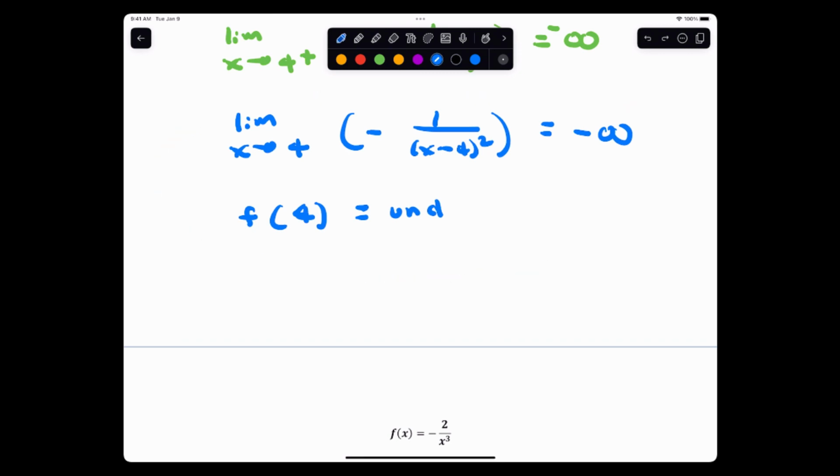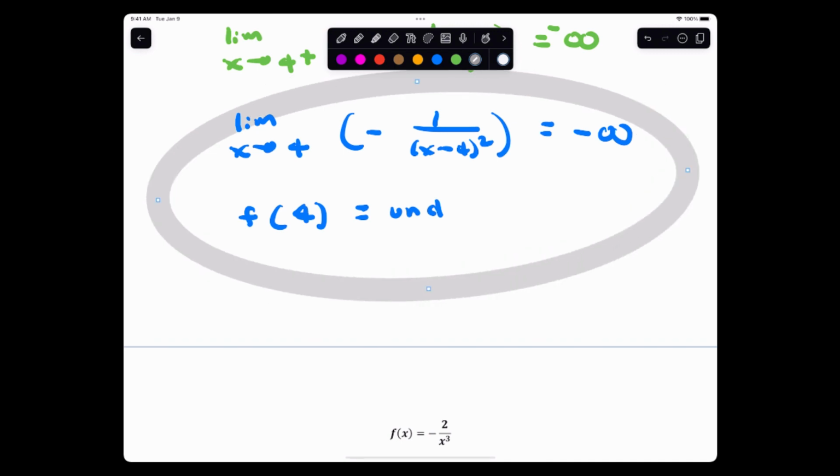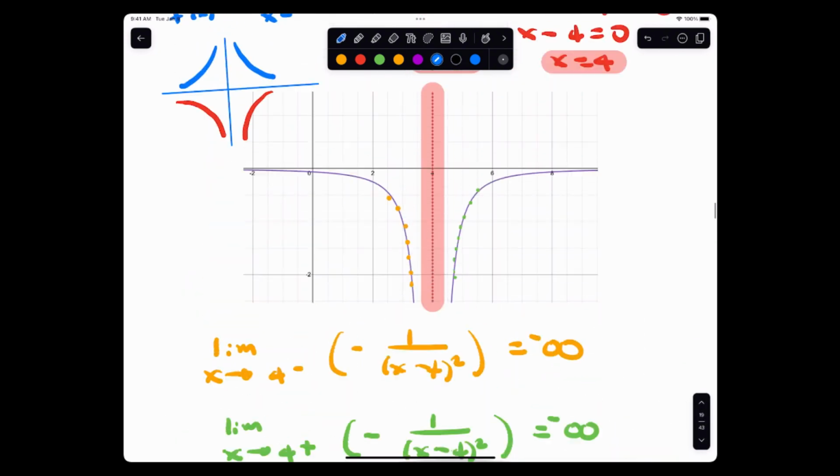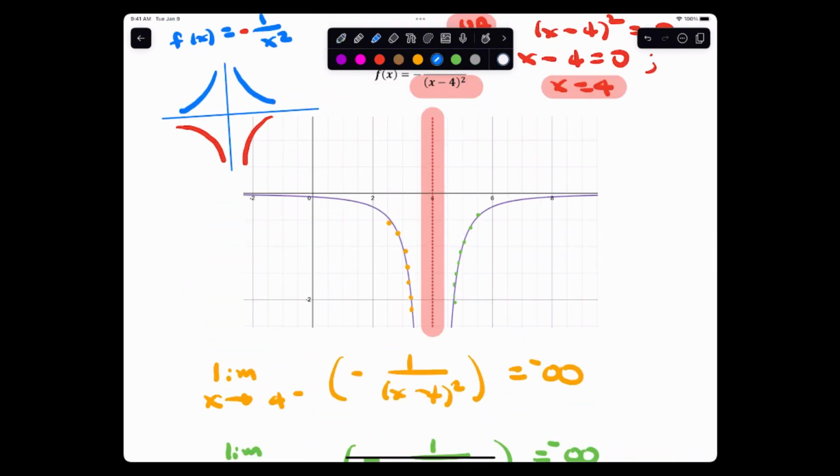What does this piece of information tell you? F is discontinuous, not continuous, at x equals 4. Remember that? Because if you sketch this curve, at x equals 4 I have to pick up my pencil, and then continue, and there it is.